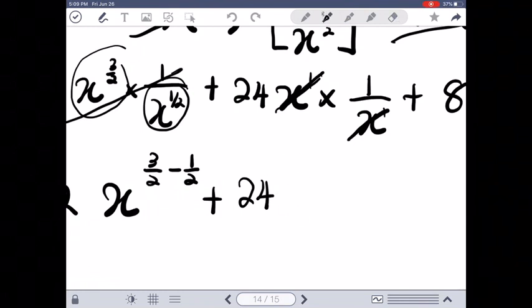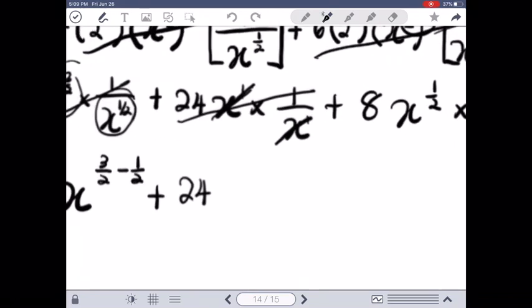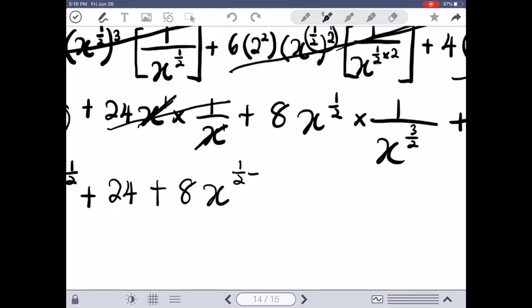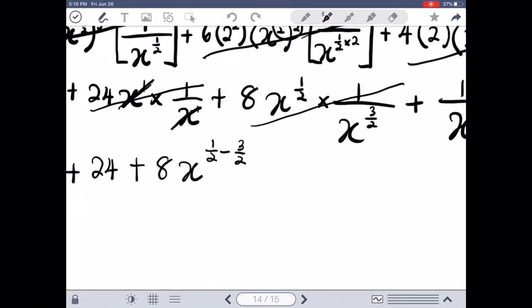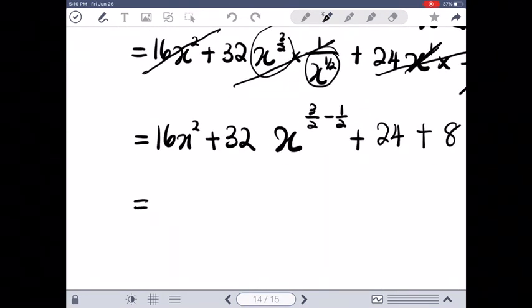So it's just 24. So done with that term. Next one is 8, x to the power of 1 over 2 minus 3 over 2. So done with that term. The last term is 1 over x squared. We write back.